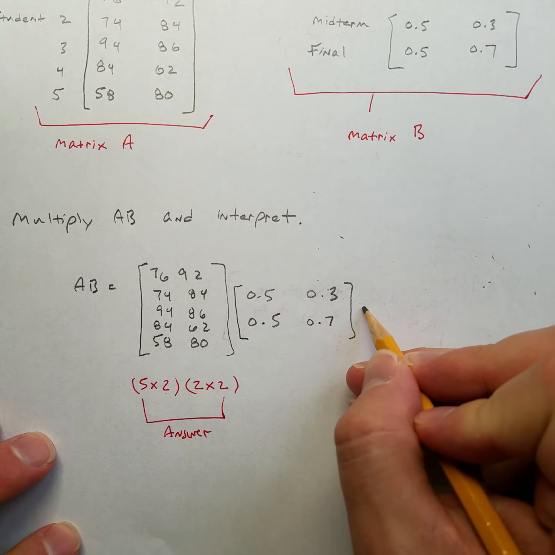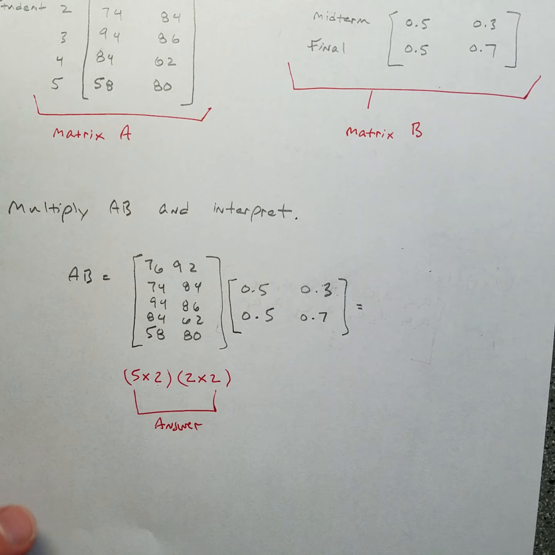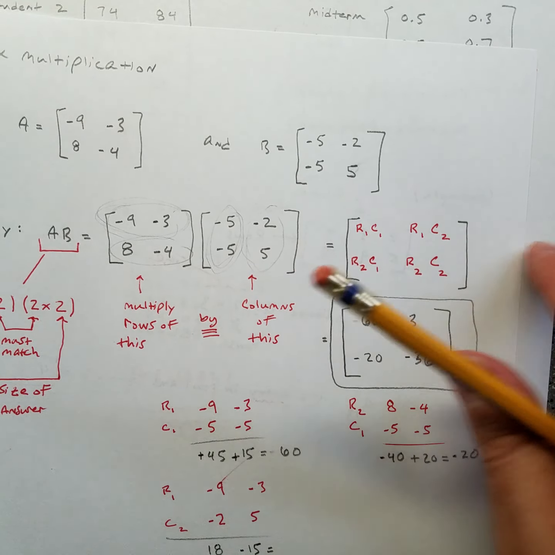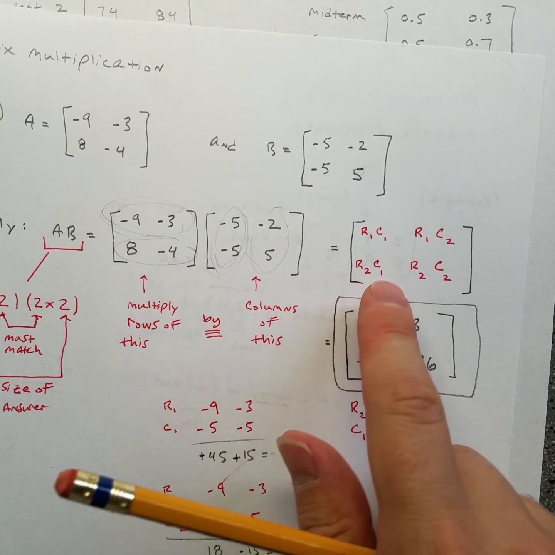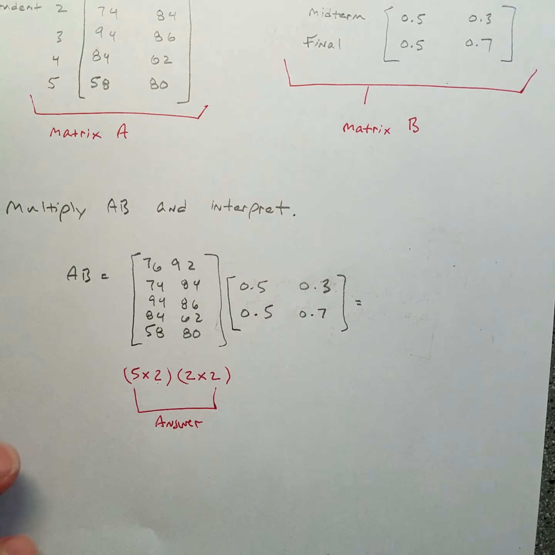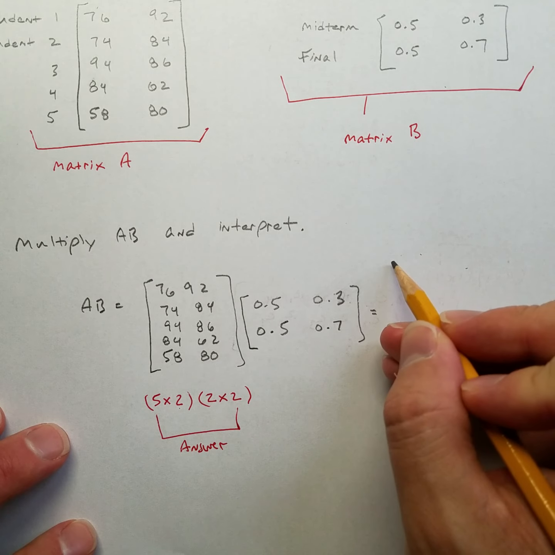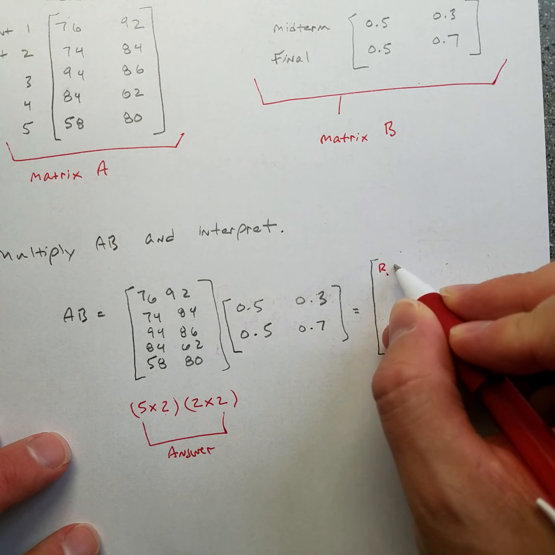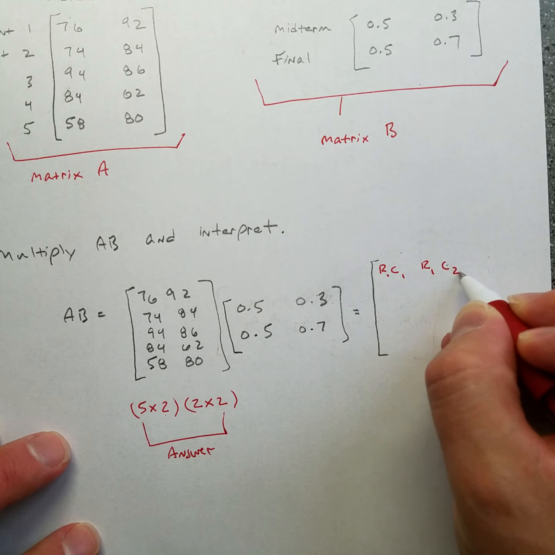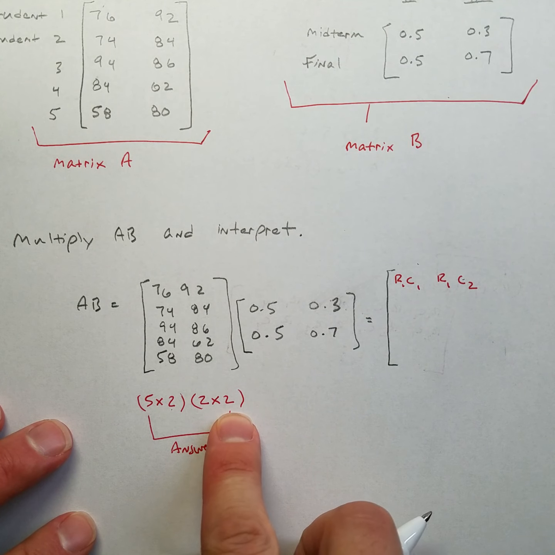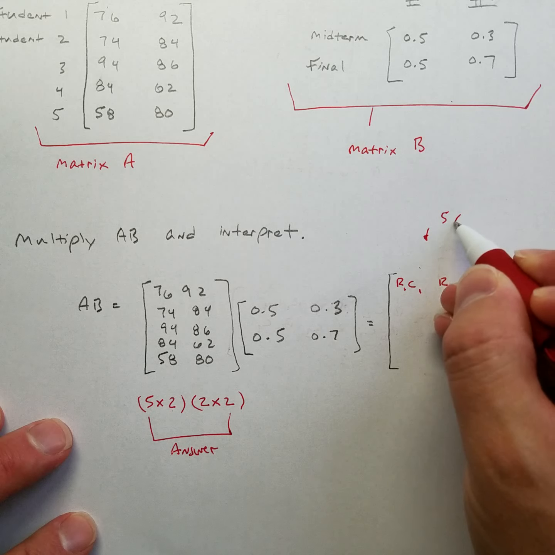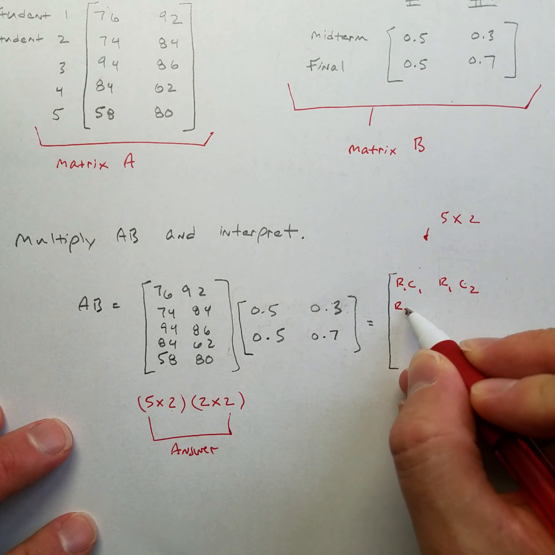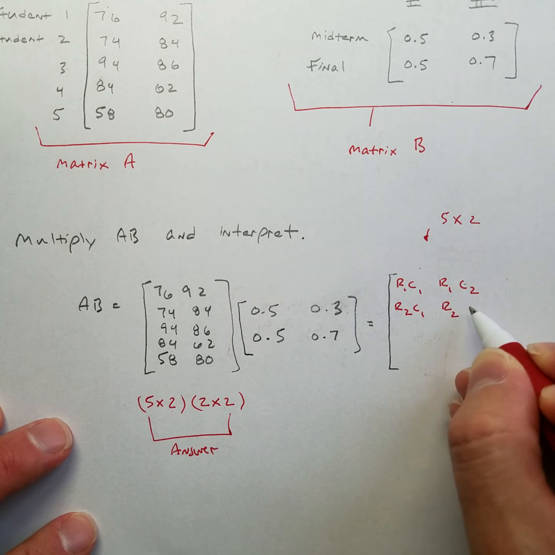Okay. Now, what I would like to do is see if you could remember this whole pattern right here. Row 1, column 1, row 1, column 2, row 1, column 3 if you need to. Row 2, column 1. You know, you keep going. So, all right, I got a 5 row, 2 column. And it's going to look like this. R1, C1, R1, C2. It's got 2 columns. I'm getting a 5 by 2. 5 rows, 2 columns. There's first row. R2, C1, R2, C2.